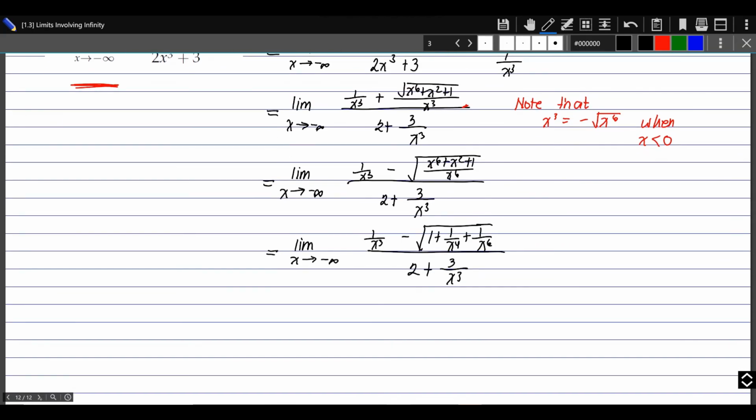Now note that as x goes to negative infinity, these terms all go to 0. So this will be equal to 0 minus the square root of 1 plus 0 all over 2 plus 0. And therefore, the limit is equal to negative 1/2.